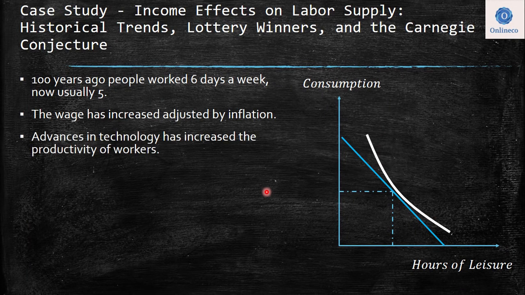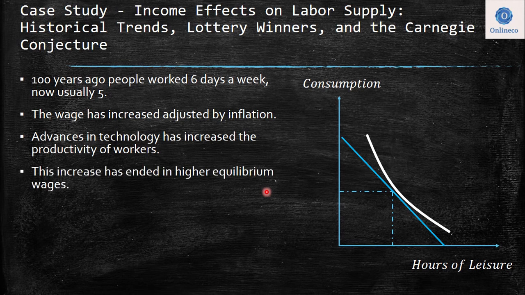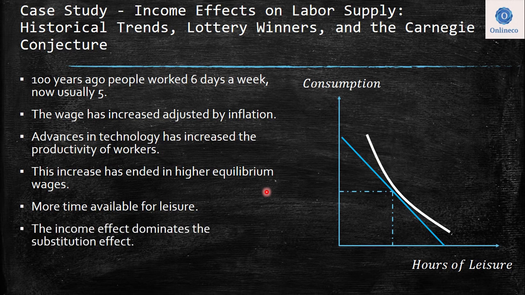Advances in technology have increased the productivity of workers. For this reason they have higher salaries, and this increase has ended in higher equilibrium wages. And then at the end of the day, they have more time available for leisure. So for this situation, the income effect dominates the substitution effect, right?